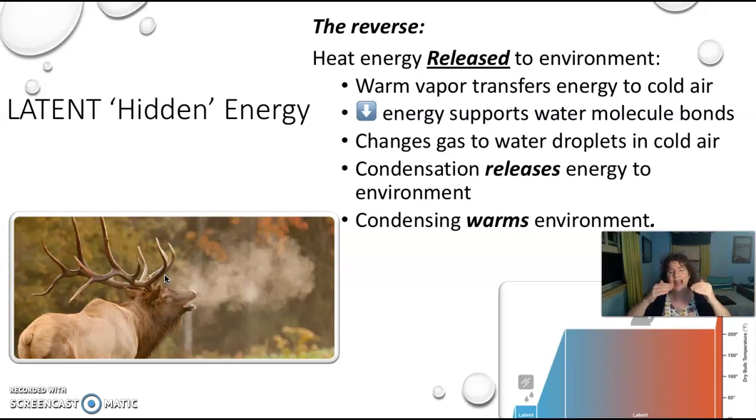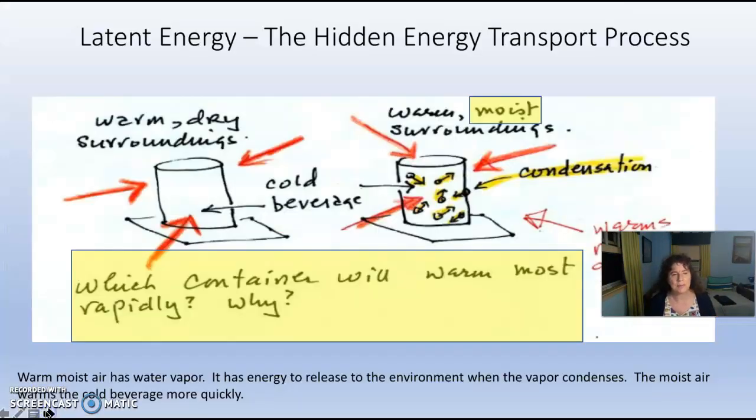It changes the gas to water droplets in air. That water droplets in air is steam. So the condensation actually released energy to the air, and the condensation warmed the air around that moose as the steam itself is actually cooling from water vapor.